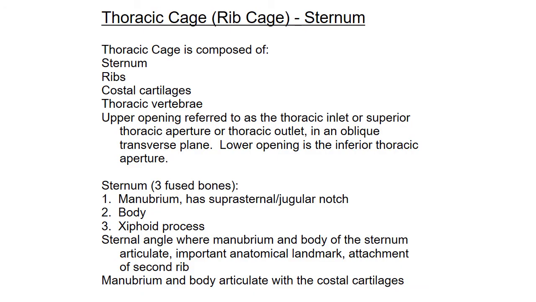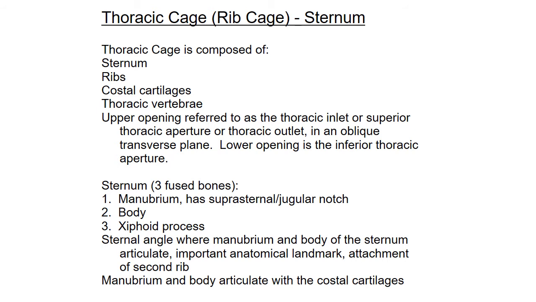So, okay, the thoracic cage, the rib cage, is composed of the ribs and the sternum, as well as costal cartilages, and the thoracic vertebrae are part of the thoracic cage, or the rib cage. The sternum is actually composed of 3 fused bones. The top one is called the manubrium, which has what's called the suprasternal or jugular notch.